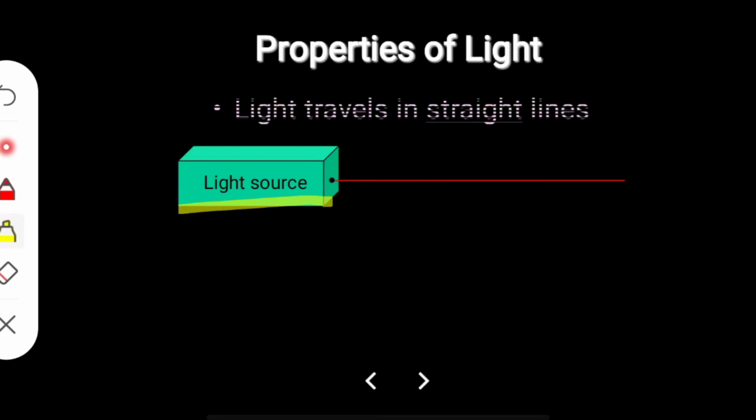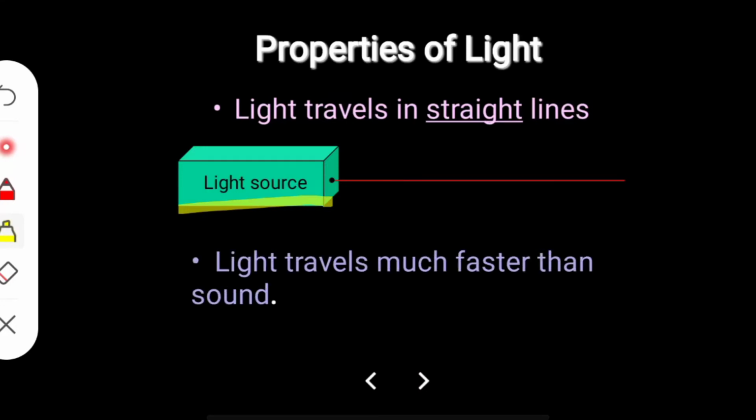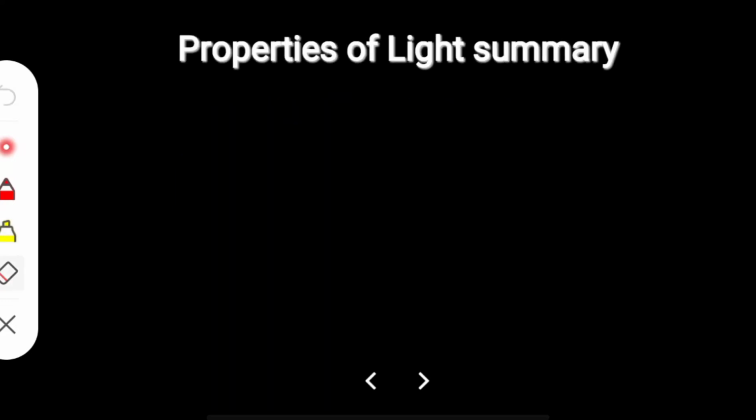So we can say light travels in a straight line. The second and most important property of light is that light travels much faster than sound, and the consequence we can see during lightning and thundering. जब लाइटनिंग एंड थंडरिंग होती है तो हम क्या देखते हैं? पहले हम लाइट को देख पाते हैं, उसके बाद थंडरिंग का साउंड सुनते हैं.